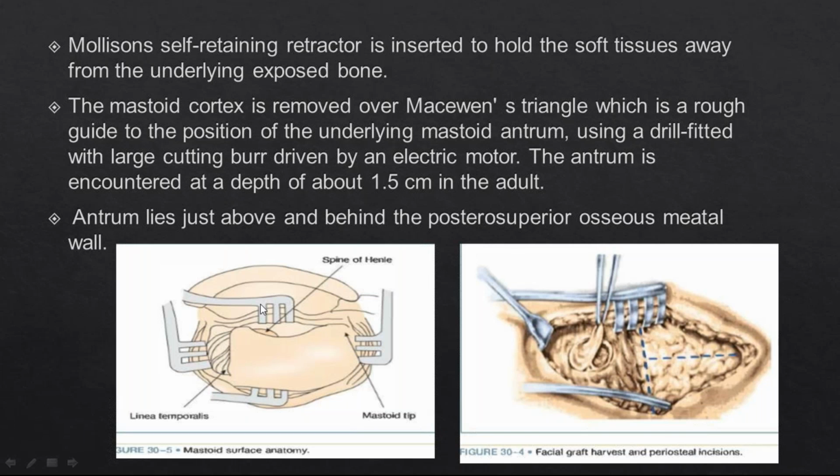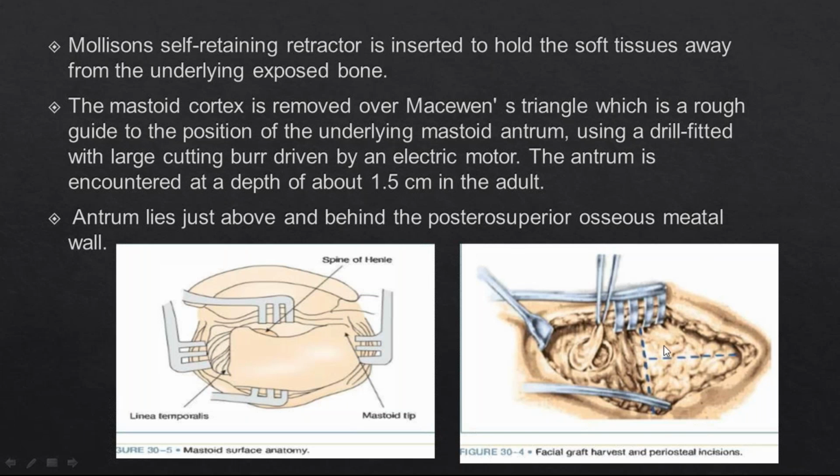So the Mollison self-retaining hemostatic retractor is placed, and then once you give a T-shaped incision, you can see it becomes two parts, one L here and this part here. Then you take a Farabeuf's periosteal elevator, you elevate this side, and elevate this anteriorly and this superiorly.